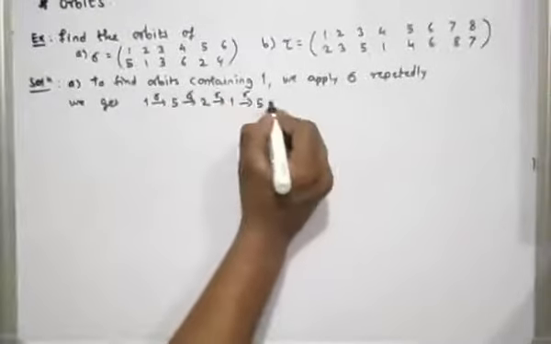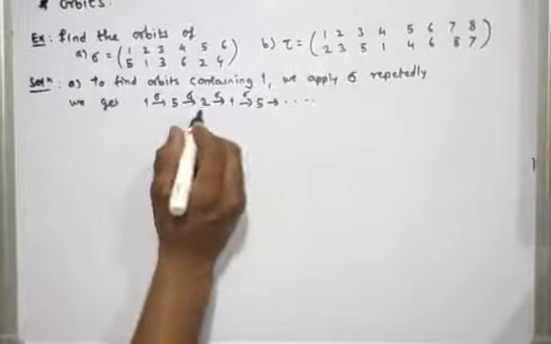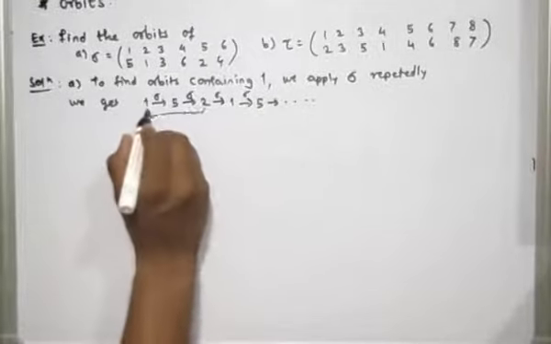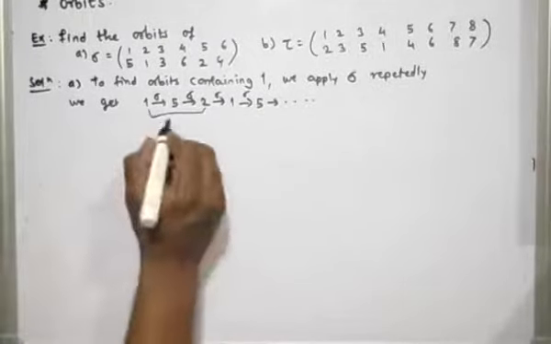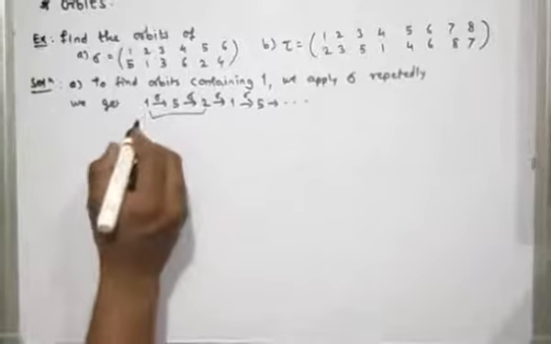I have applied sigma each time, and the different elements are 1, 5 and 2. So the orbit containing 1 will be 1 5 2.